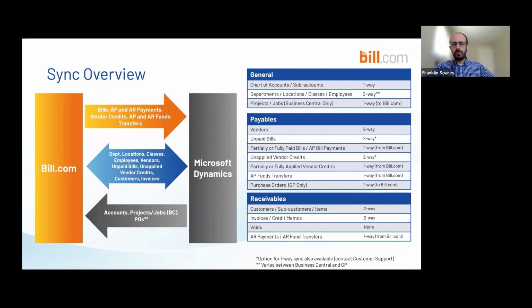This is only for Great Plains, but essentially we'll talk about this in a couple slides here, but we'll get those purchase orders into Bill.com so that when you're processing AP, we can do some two-way matching to compare the invoice or the bill record while you're entering that record in, and compare it to the purchase order to make sure that things are matching up.